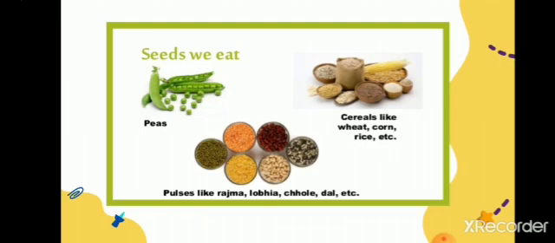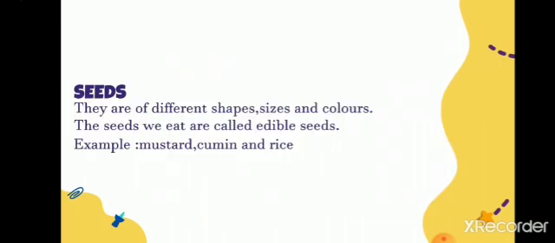Now, the seeds that we eat are called edible seeds. We see different kinds of seeds, right? We see mango seed, jackfruit seeds, papaya seeds, orange seeds, lemon seeds, many seeds are there. Can I eat a mango seed? Can I eat a papaya seed? No. There are some seeds which I can eat.